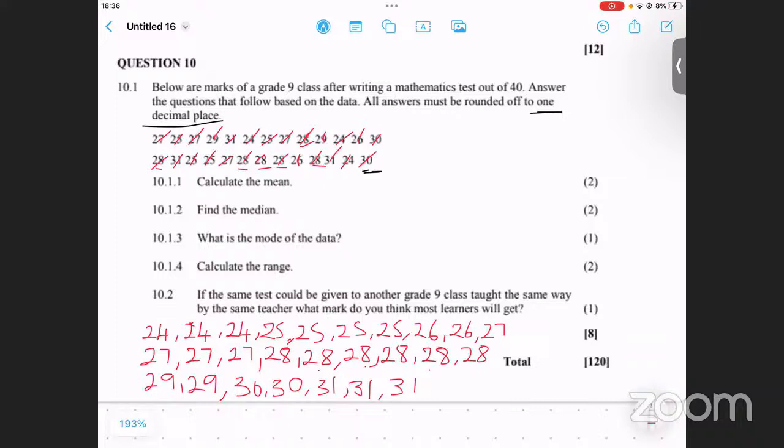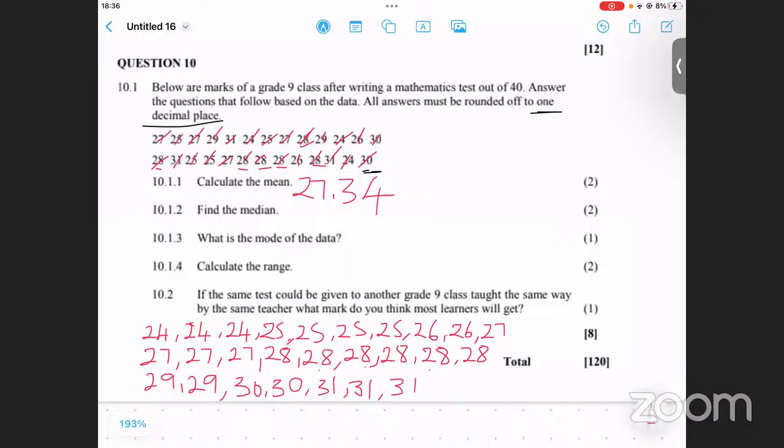Still calculating. Ma'am, I got 27.34, and this is your final answer.